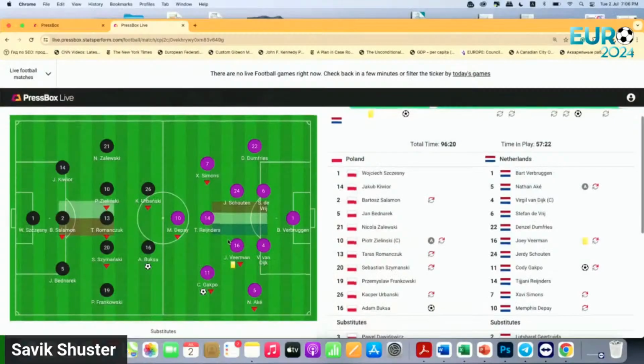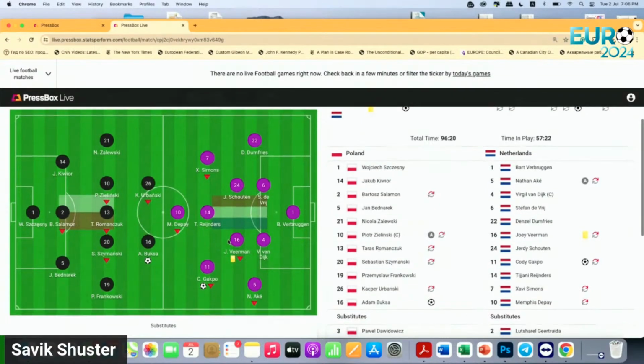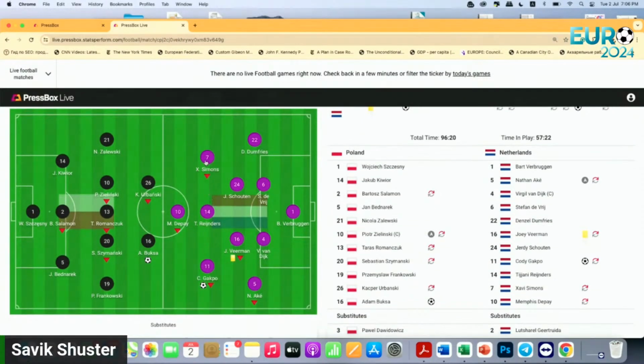So we see now, for instance, the graphics. It was a bit different team. It was Simons, Riders, and Gakpo playing sort of between the lines, if you want, between midfield and Depay, who was the only attacking player, and Schouten and Wehrmann played in midfield.